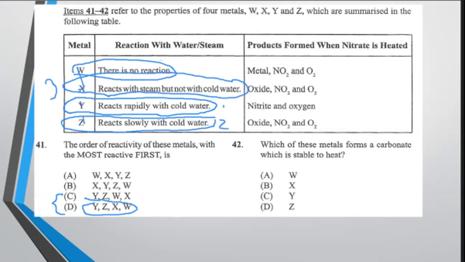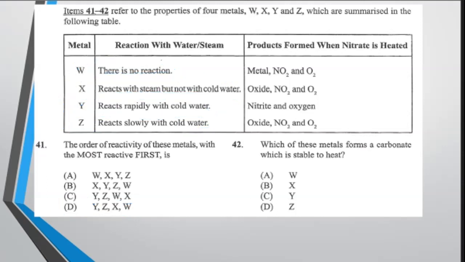All right. Question 42. Which of these metals form a carbonate which is stable to heat? The one that's most likely reacting rapidly with cold water.